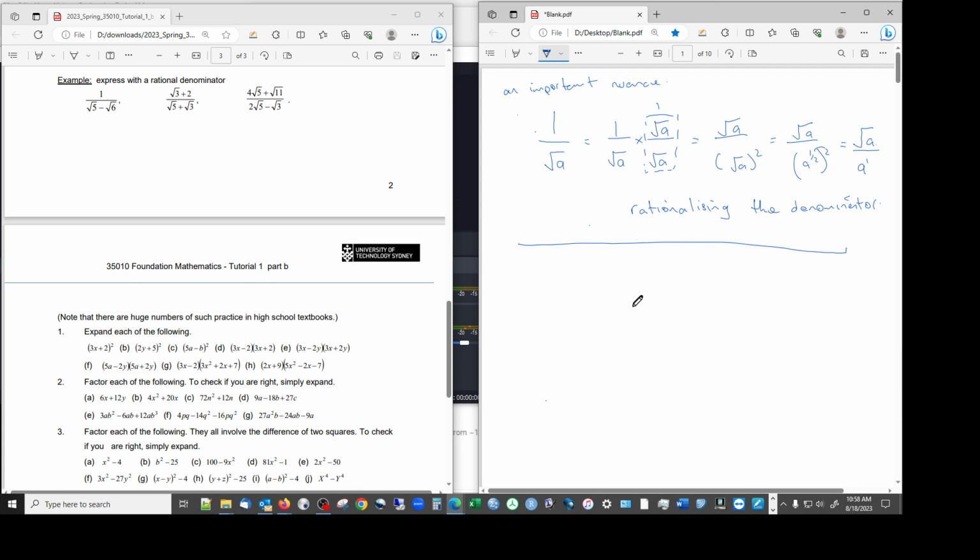What happens when we get something that we don't recognise, that this rule, which completely explains what to do, isn't recognisable? So the example that we've got over here is 1 over root 5 minus root 6. Now at first glance it would seem that simply multiplying by some radical isn't going to work.